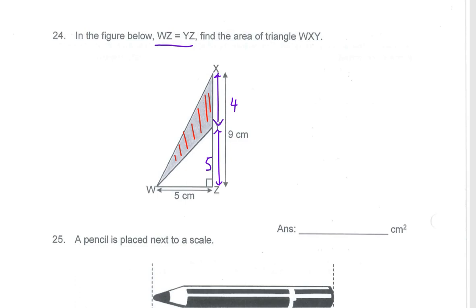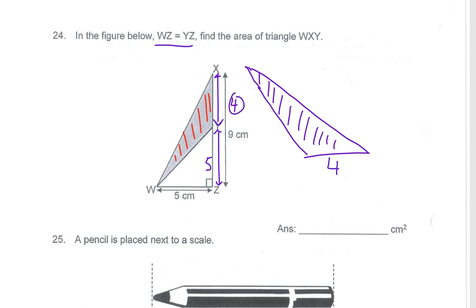Okay. Now, I'm going to redraw the figure because in the computer here, I can't tilt my paper. I'm going to tilt the triangle such that the shaded triangle is now facing this way. The base is 4, and you notice that the height, standing at perpendicular, is actually 5. With the formula, I can already do a half times base times height.